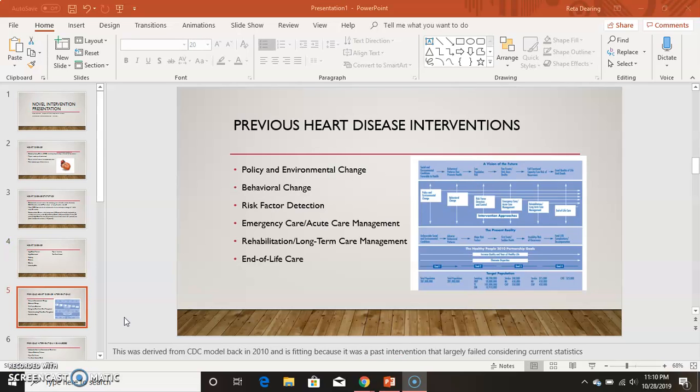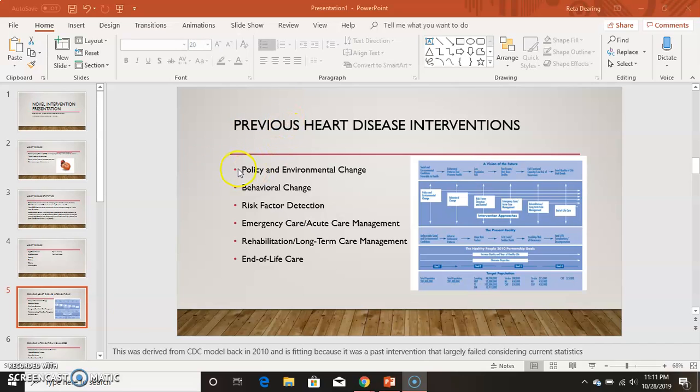One of the previous heart disease interventions that I examined was done by the CDC in 2010. It is fitting because it was a past intervention that largely failed considering current statistics.